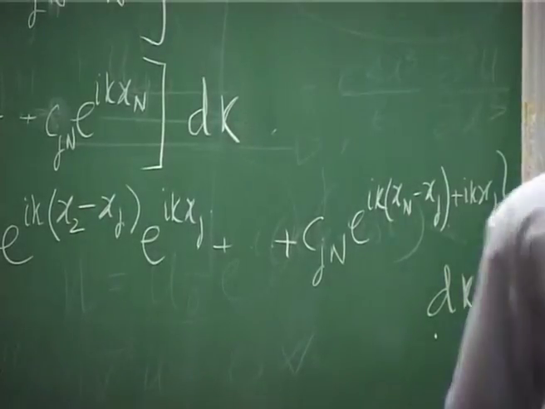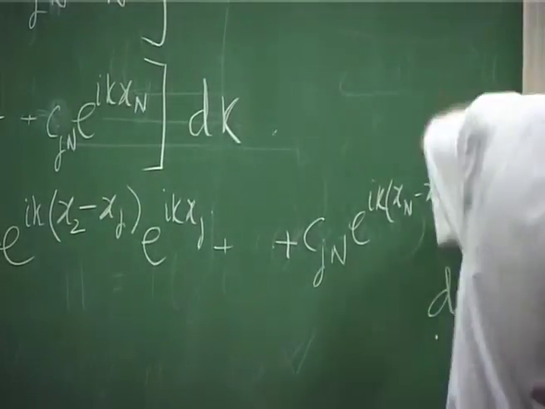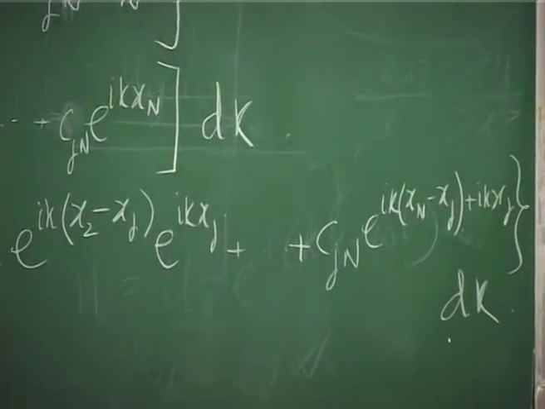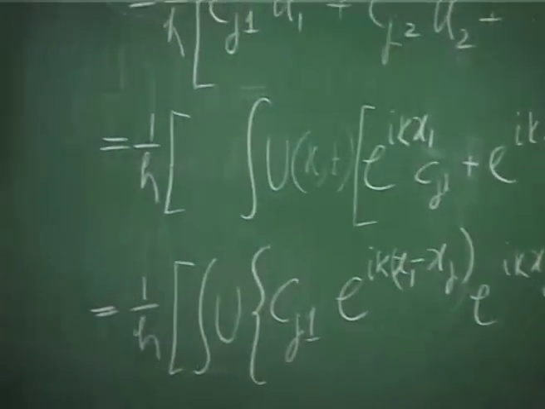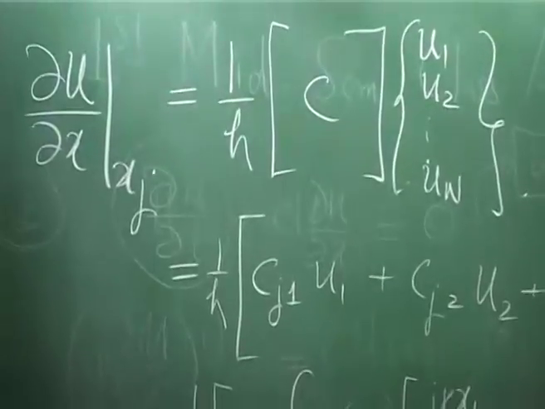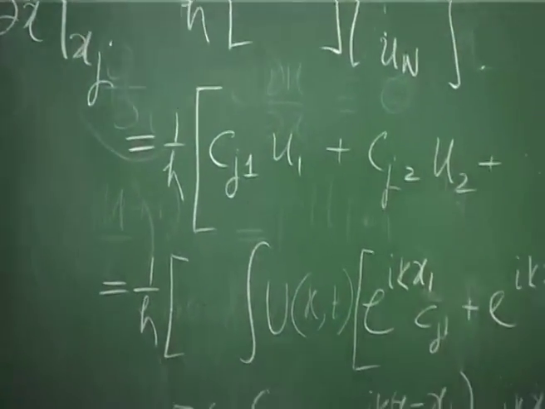You know why I did this? It is pretty much apparent, because you are trying to derive the derivative at the jth point. So, we should be able to write it in a Fourier series with the phase part given by this.